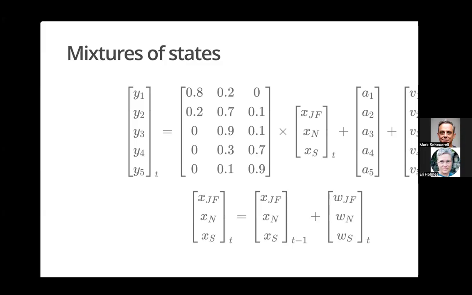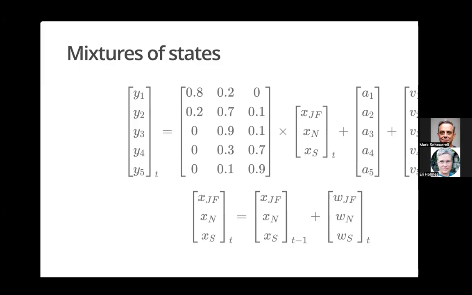For the counts we made in the northern part of the sound, 80% of those animals came from the Strait of Juan de Fuca, and 20% came from North Puget Sound. Most are from the North Sound. Here's 90% and 10%, 30% and 70%. Is it possible to estimate that Z matrix?